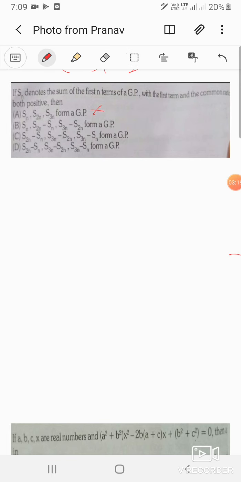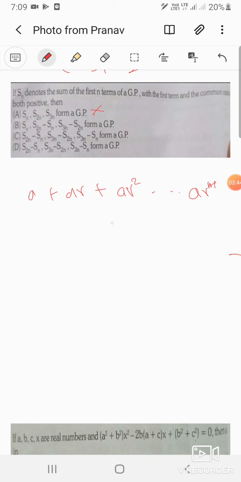Okay, so the next thing is Sn, S2n minus Sn, and S3n minus S2n form a GP. That looks valid because Sn is supposed to be the sum of the first n terms, which is a plus ar plus ar squared all the way till ar to the n minus 1.